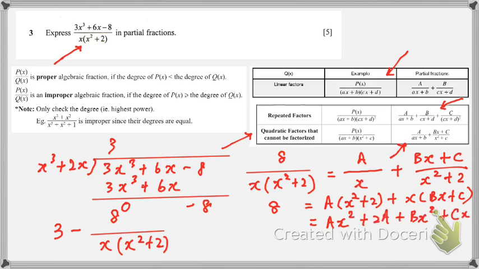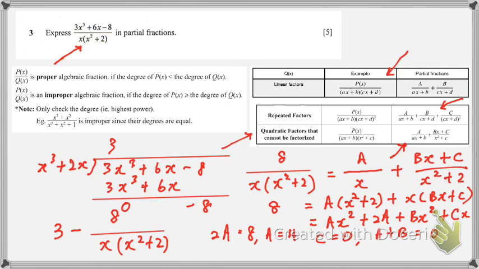So now if we compare the coefficient of x squared, we get 2A equals 8. Therefore, A is equal to 4. If we compare the coefficient of x to the power 0, we get C equals 0.